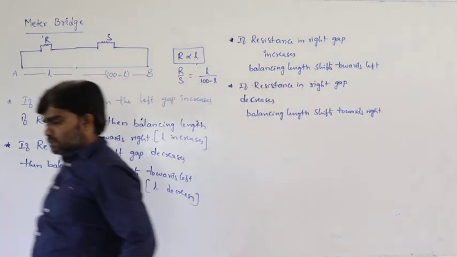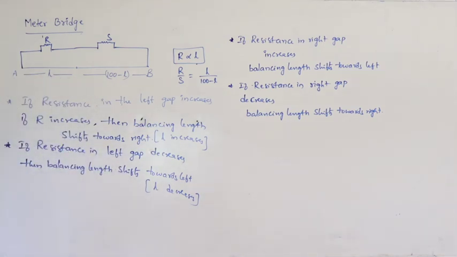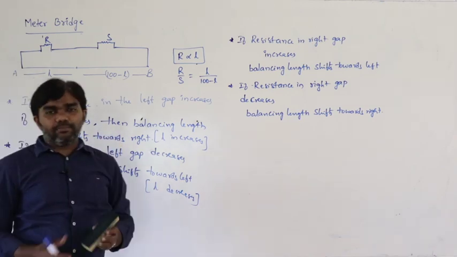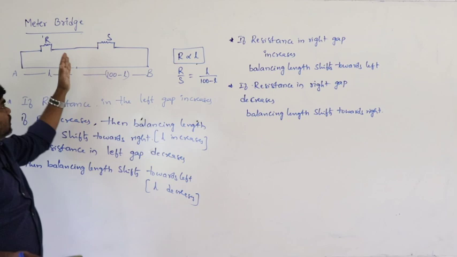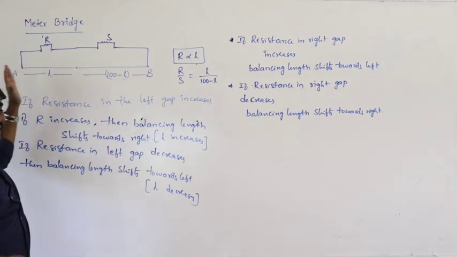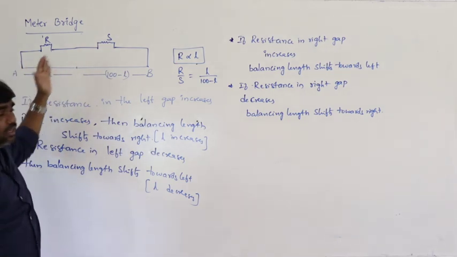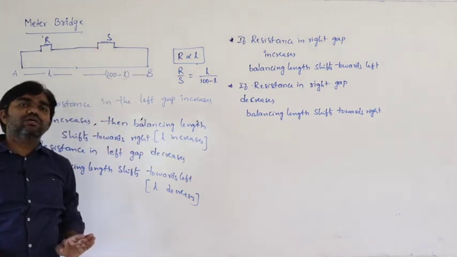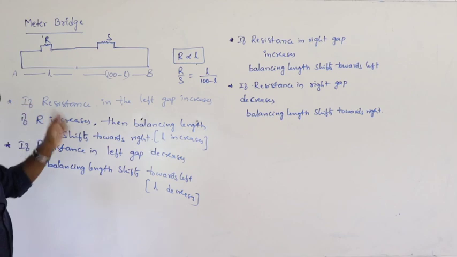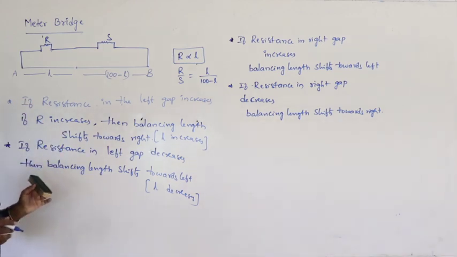That is the concept of how the balancing length changes by changing the resistances in the left gap and right gap. In case of the right gap, if resistance increases, balancing length shifts towards left. If the resistance decreases, balancing length shifts towards right. This is the way the balancing length changes due to change in the resistances.